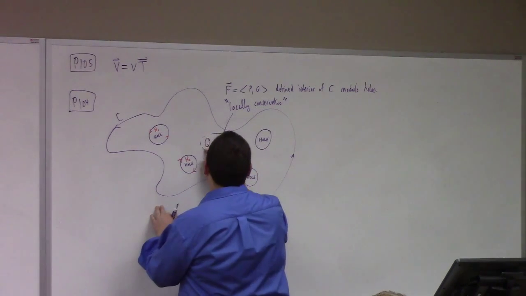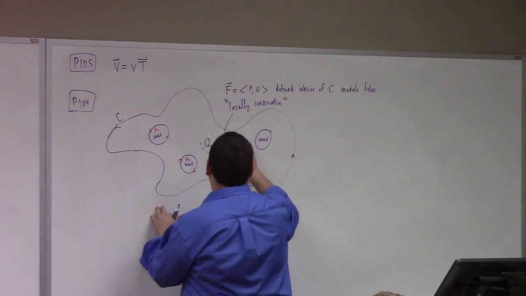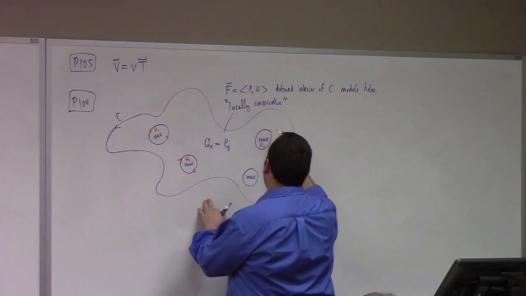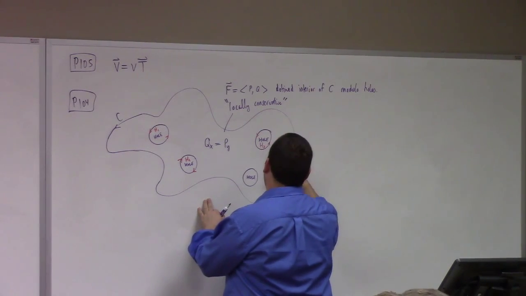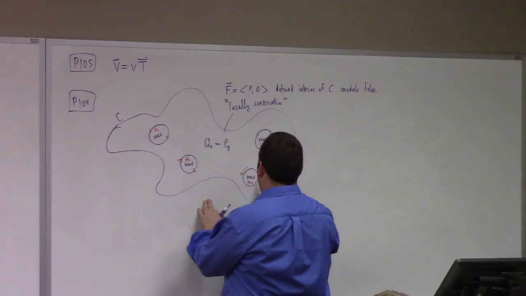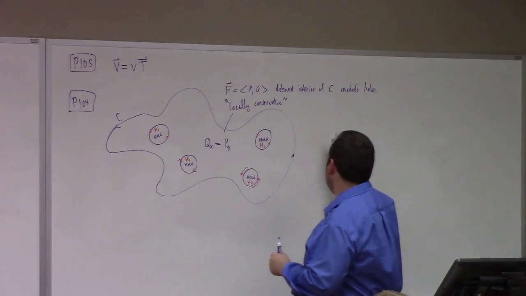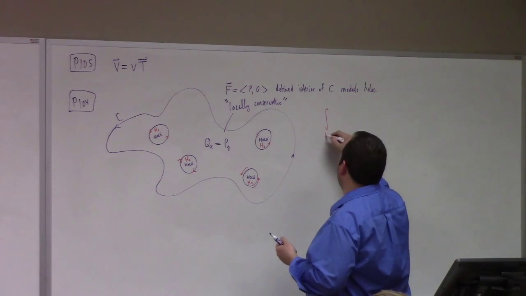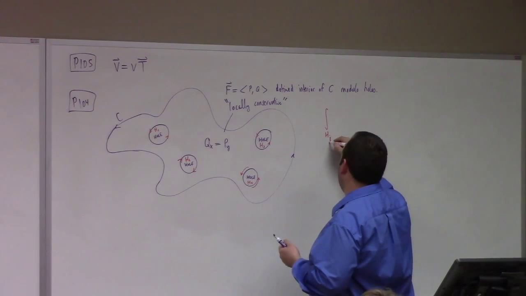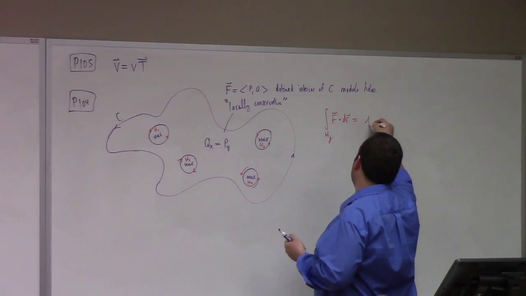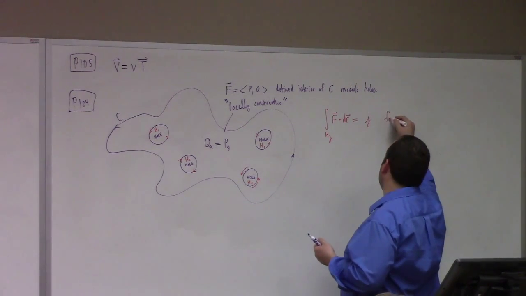Sorry, victim of my own labeling. H3, I'll go counterclockwise, and H4, I'll go clockwise. And suppose we're given that the integral over H_j of F dot dr is just equal to j, for j equals 1, 2, 3.